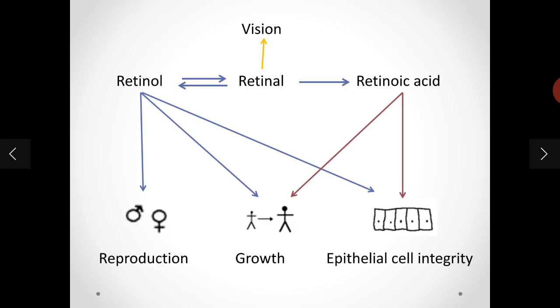So this is how the different forms of your vitamin have different functions. Retinol has all the functions, retinal mainly in vision, whereas retinoic acid in growth and in the maintenance of integrity of the cell.